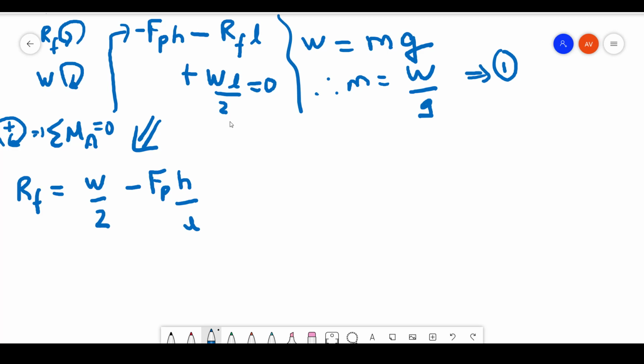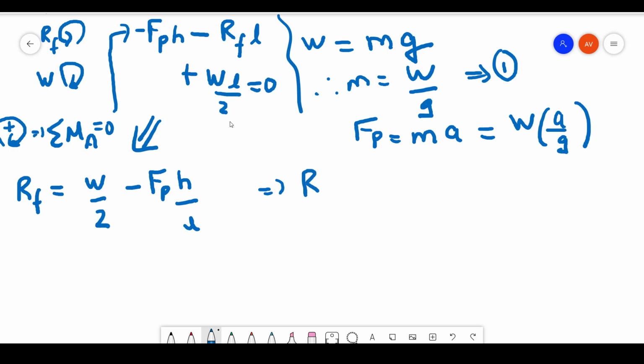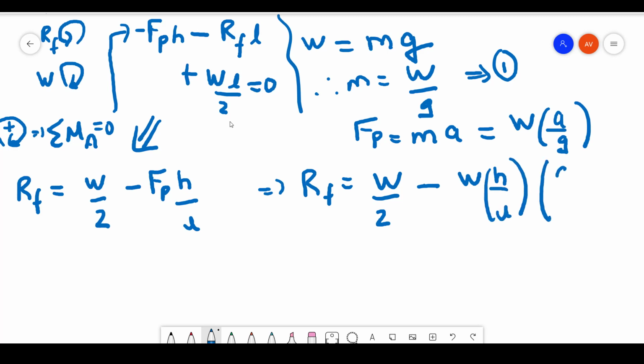Now also, what is your pseudo force? Your pseudo force is going to be your mass into the acceleration, like I explained before. So here you can substitute the value of m from above. Now using these values, you can rewrite your RF to be W by 2 minus W into H by L into a by g. So this is the first thing that you have got.